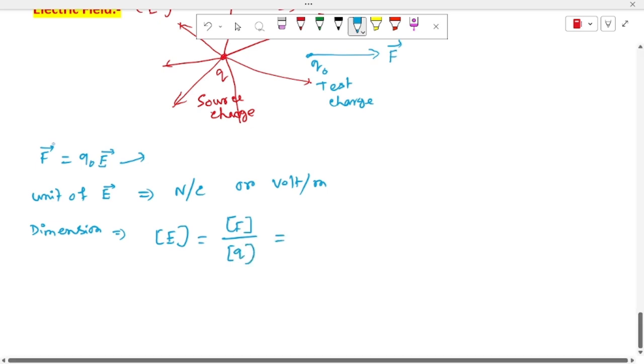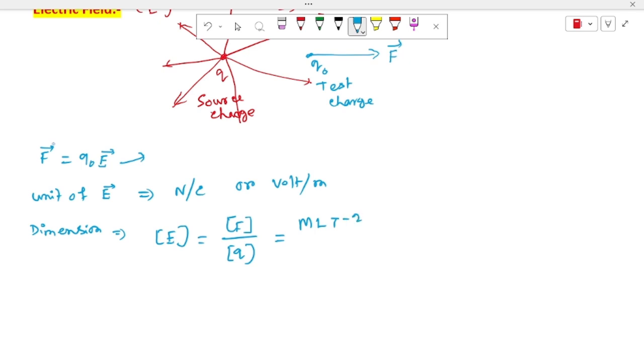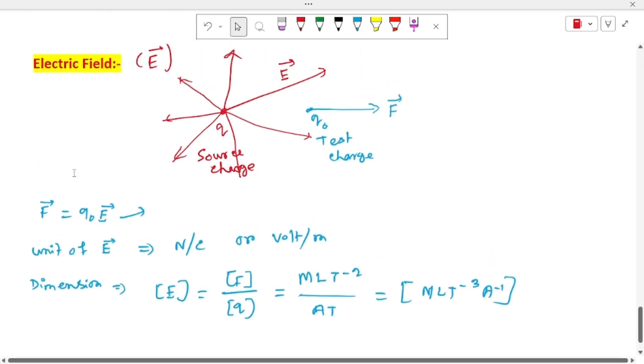We know force equals mass times acceleration, so from that expression, M L T to the power minus 2 divided by A T. So the dimension of electric field, or electric field intensity, is M L T to the power minus 3 A to the power minus 1.